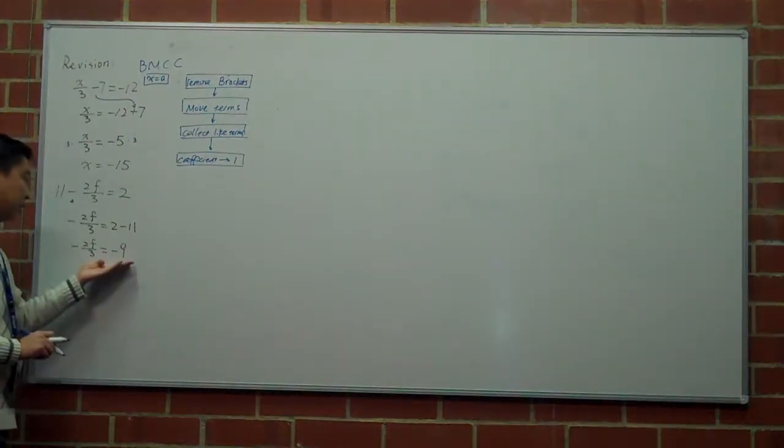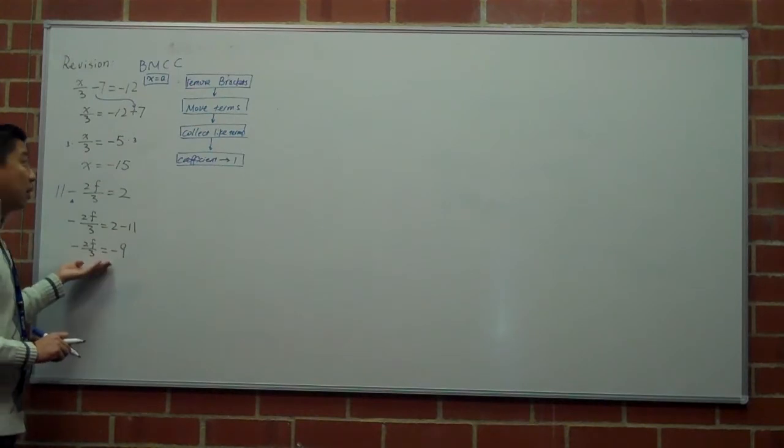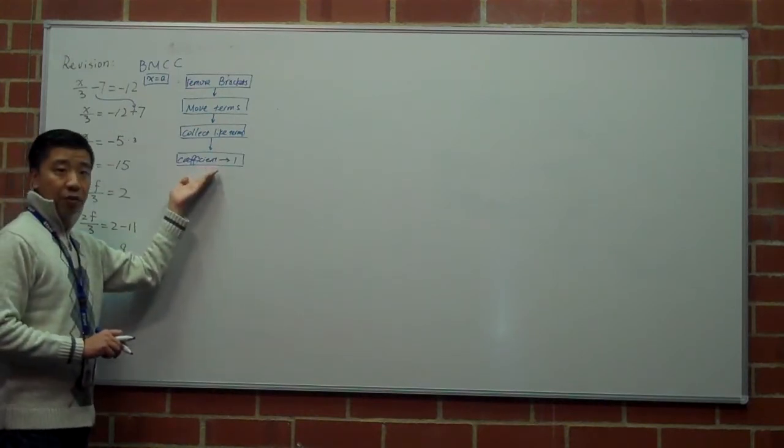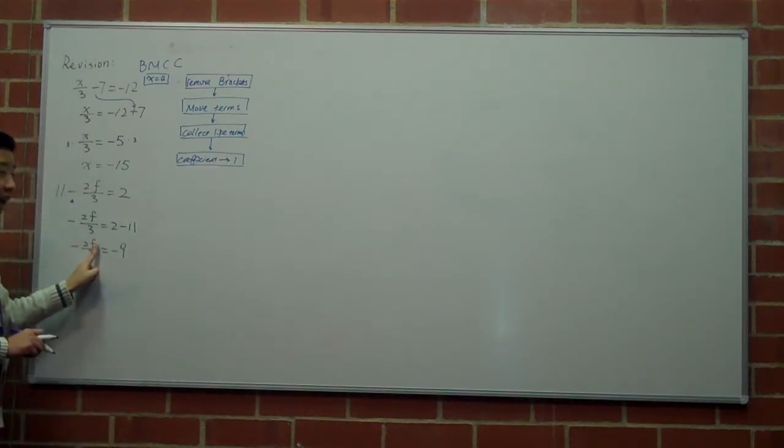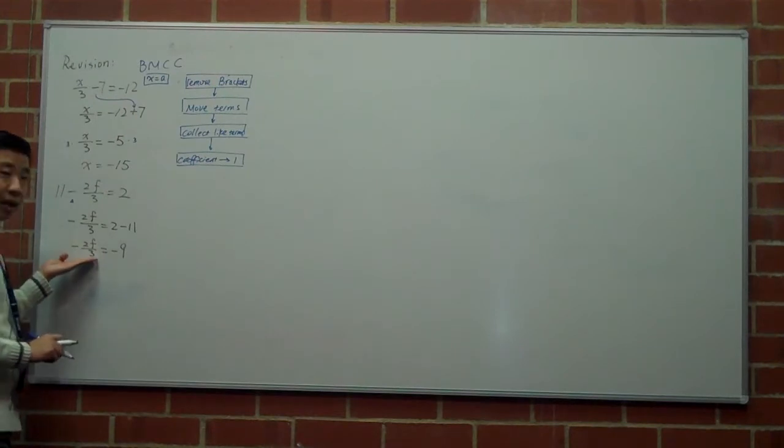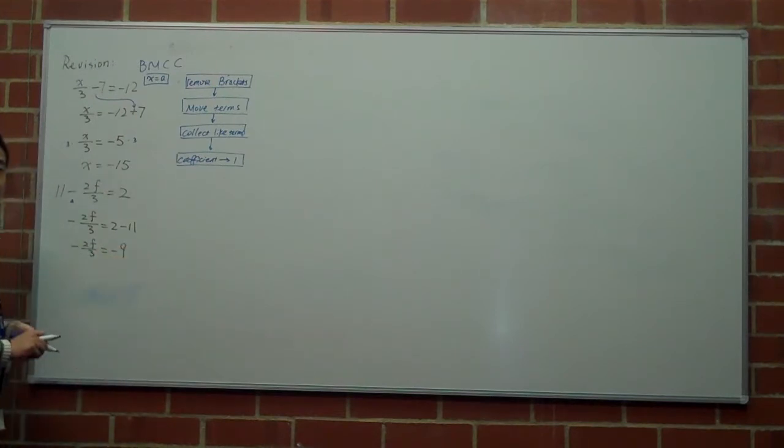Now let's have a look at the last step. The last step is make the coefficient 1. Now here we have the f on the top. So the coefficient of f is negative 2 over 3. So, in this case, I have to get rid of 3 first. Now, how can I get rid of 3? I have to times 3 on both sides.